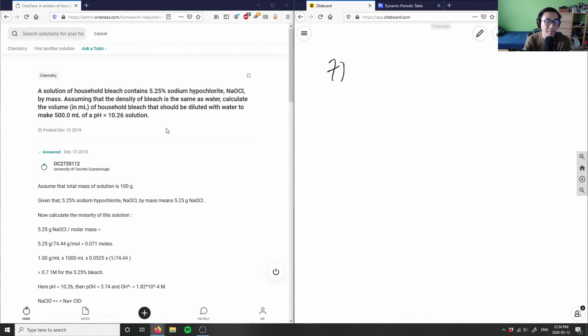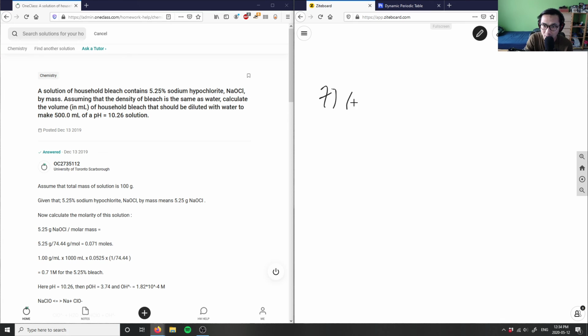So again, I'm given a solution of household bleach. It contains 5.25 mass percent of NaOCl, by mass. What we're going to do first is assume 100 grams, and when we assume 100 grams of something, it basically means our percent simply equals our grams.